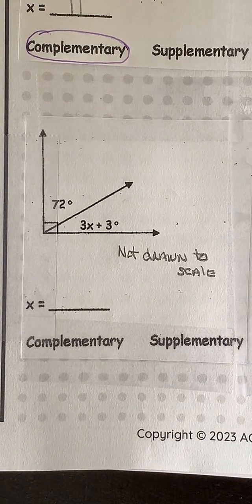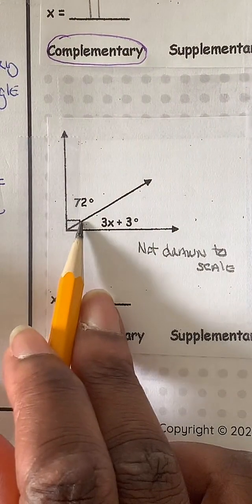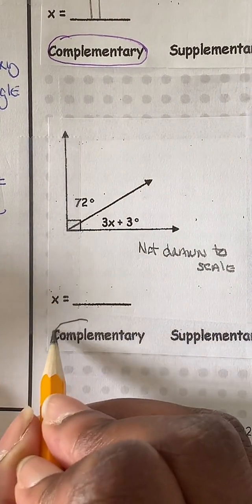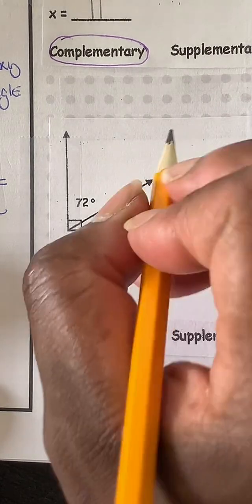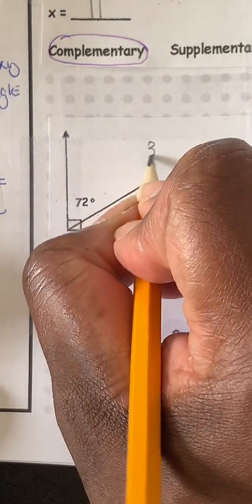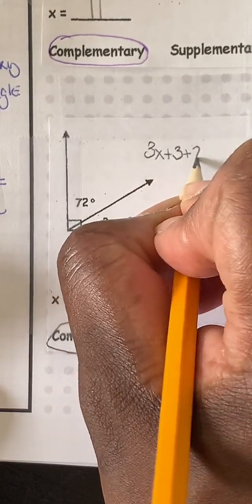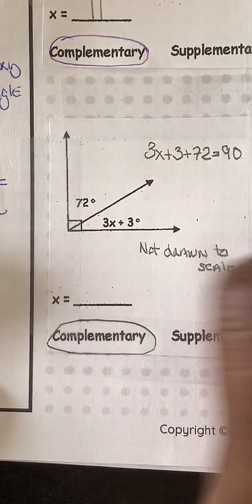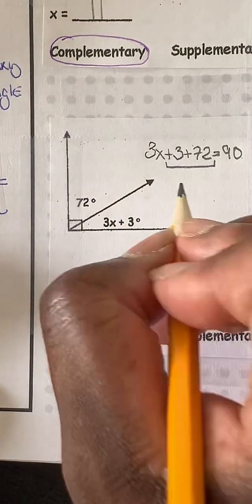Okay? All right. Awesome. Since we have our 90 degrees, they gave us this information. That means it's going to equal 90 and it's going to be complementary. Fabulous. Then you had your 3x plus 3 plus 72 is equal to 90. So then you combined your like terms, which were on the same side.